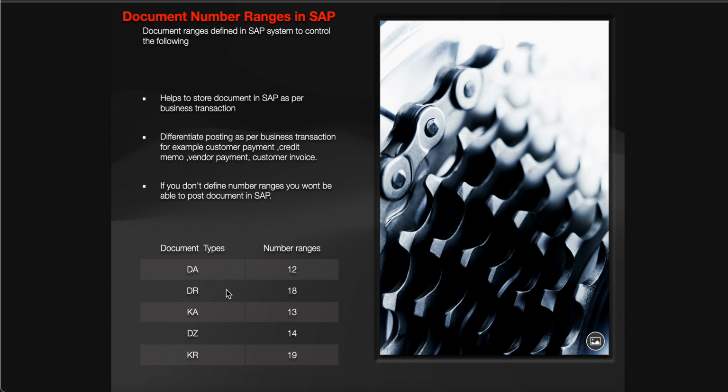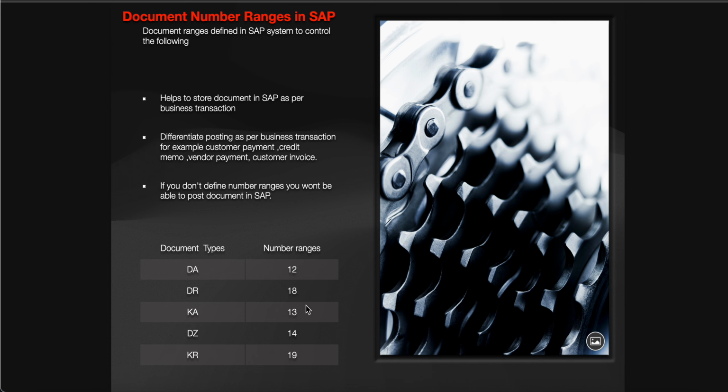I will show you practically how this impacts, and explain how these number ranges are already available in a standard SAP system. I will take a simple example, DR. DR has been assigned the number 18.